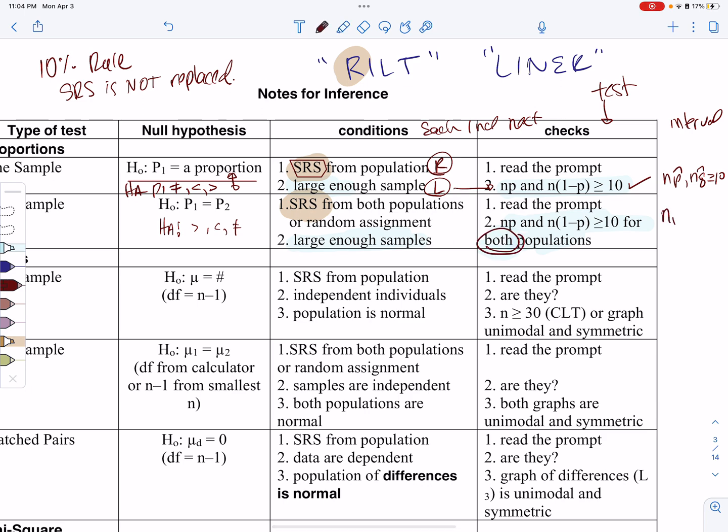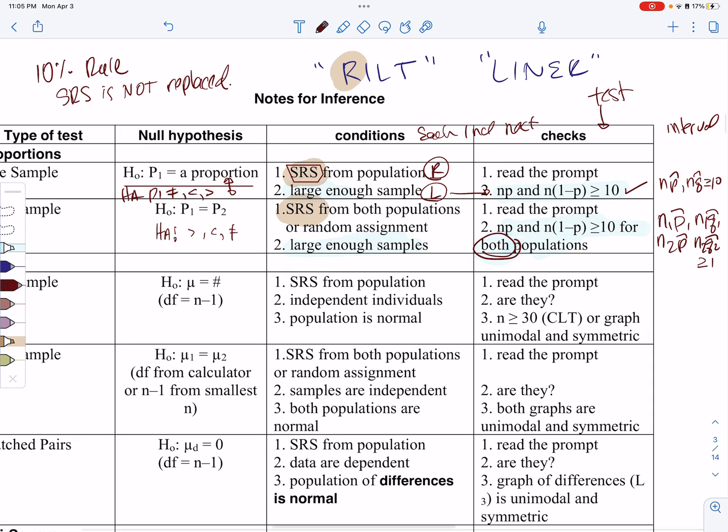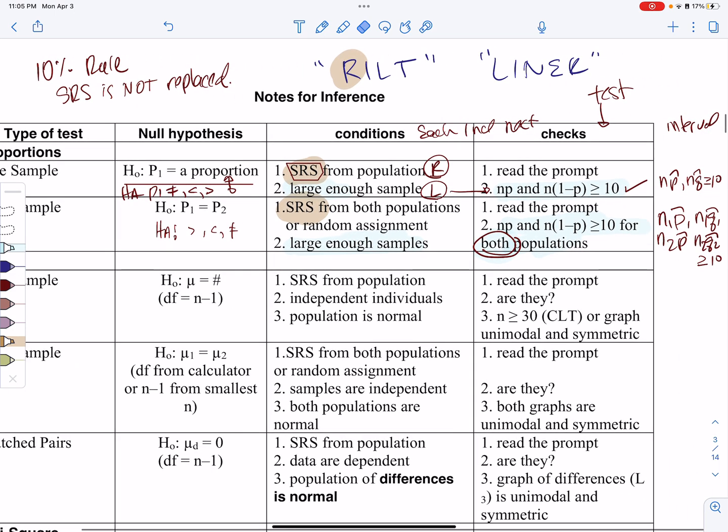And same one here, N1 P hat, N2 P hat, N1 Q1 hat, N2 Q2 hat. And this is for my interval. Now, on here on the 2 sample, it doesn't say here because this is kind of an old one, but it's actually your PC, because that's the pooled. Don't forget that. Remember, PC is equal to, whoops, got it wrong.